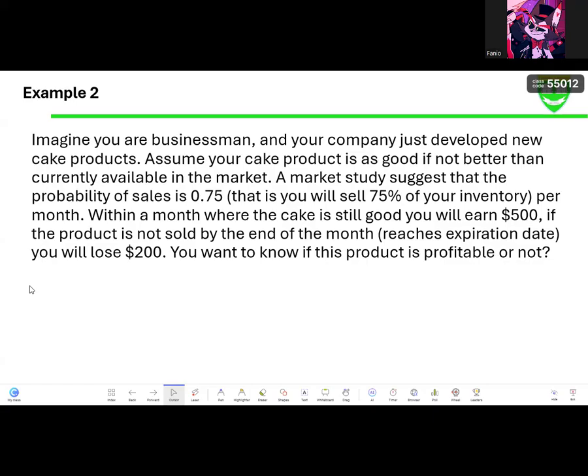That is, you will sell 75% of your inventory per month. In a month where the cakes are still good, you will earn $500. If the product is not sold by the end of the month, reaches expiration date, you will lose $200. You want to know if this product is profitable or not. Can you explain that in Tetum for your friends who are not limited English?